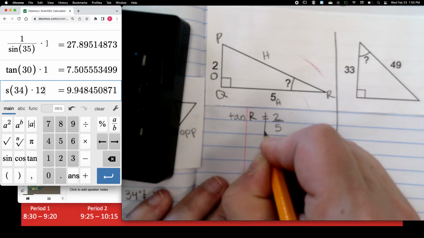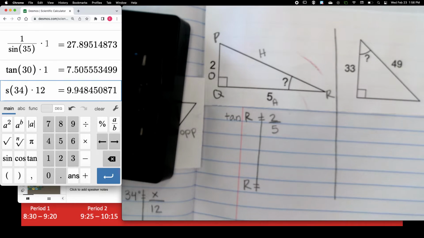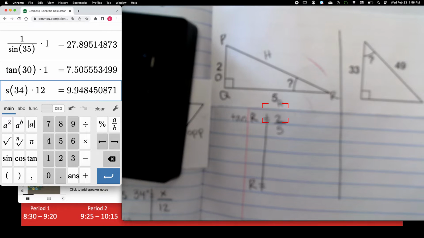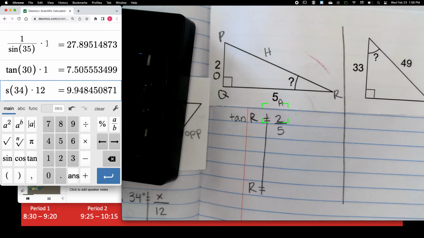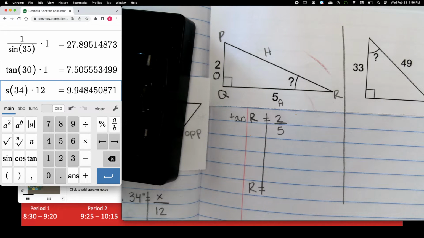Now our goal here is to get R by itself, just like how our goal before was to get X by itself. So I want to get R all alone. What's on the same side of the equal sign as the R currently? The 2 is on the other side. What's on the same side of that equal sign?